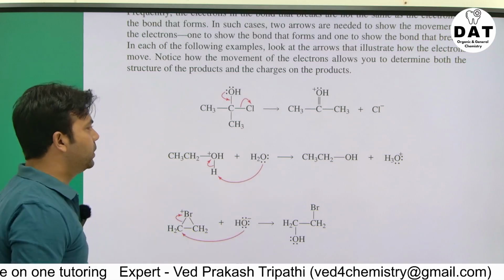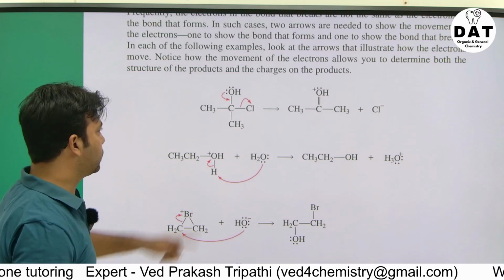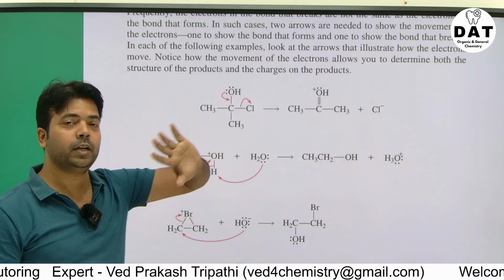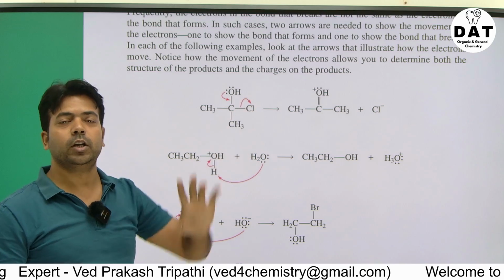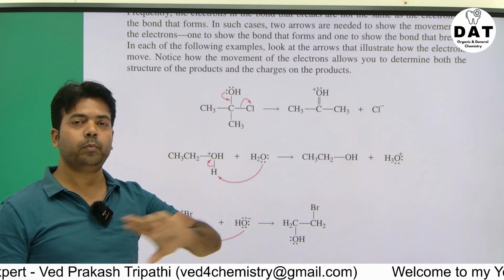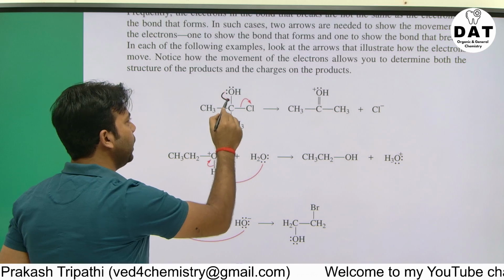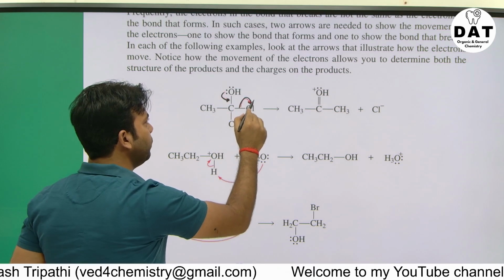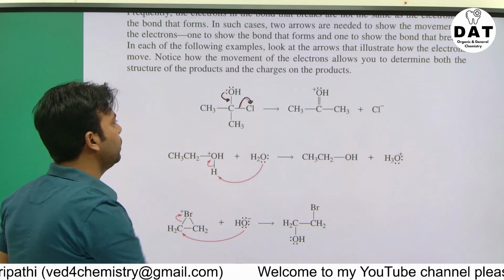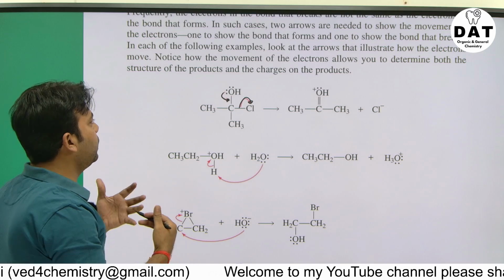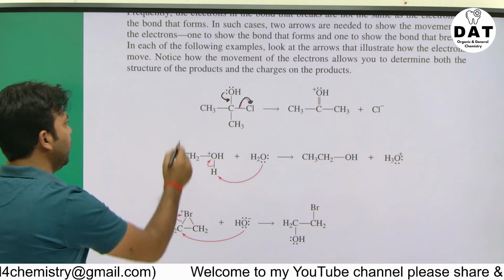Here we have some examples. You know, oxygen has a lone pair. A lone pair is a donor. So electron always moves away from the lone pair and negative charge. So it donates electron to this bond, and Cl is a leaving group, so it will leave. Look at the charges after this activity. So let me explain here.